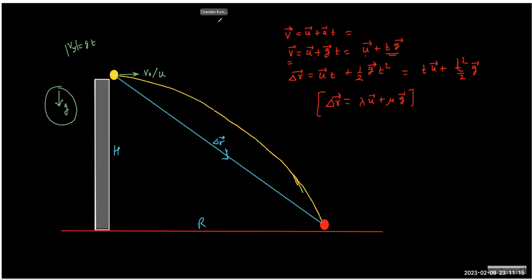Do you all realize what I'm saying? The projectile has descended by h, that's the only information. Tell me any other information that you can see here. Think about the velocity. Nothing in particular. You will find yourself helpless.